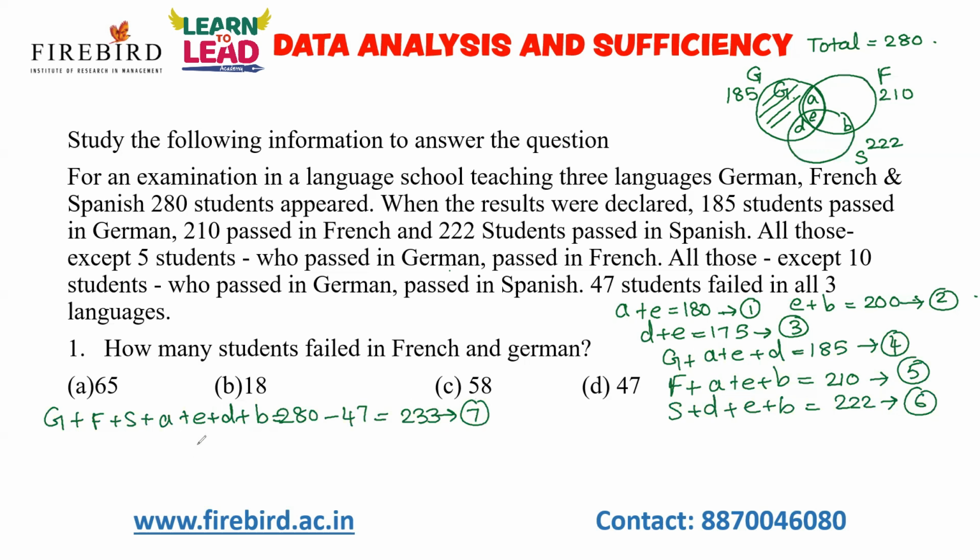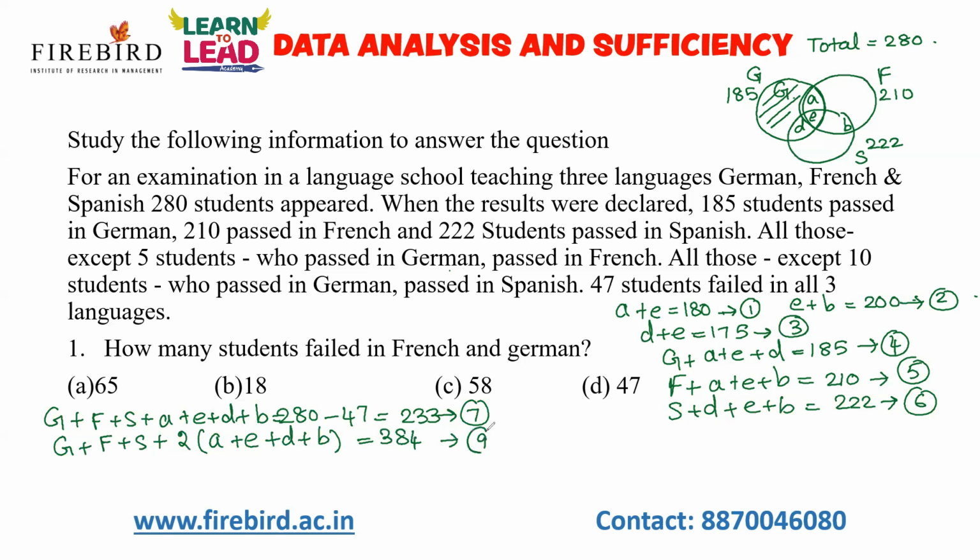See, if I add equations 4, 5 and 6, I'll get German plus French plus Spanish plus 2A, plus 2E plus 2D and 2D. All the values will be equal to, if I add in the right hand side, I'll get 384.